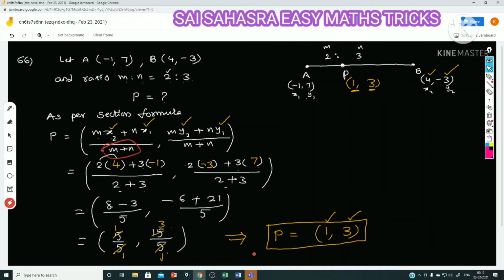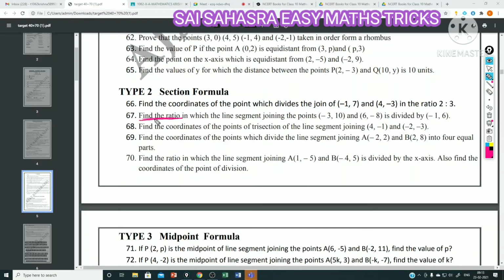Next m plus n is common here, here also. Next y2 and y1 will come. That is the only change you have to observe. If you learn the formula clearly, automatically the calculation, and assuming this x1 y1 and x2 y2 and m is to n will decide the answer. What are they asking?